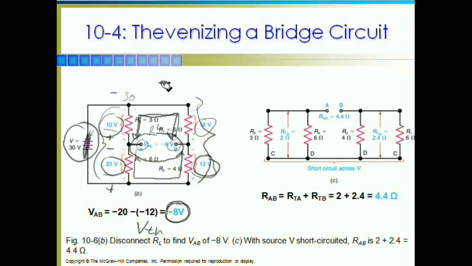I'll start at A. Okay, A goes out, and I've got two resistors joined on the back side. There's point A. I've got two resistors joined on the back side, plus they're joined on the front side also.